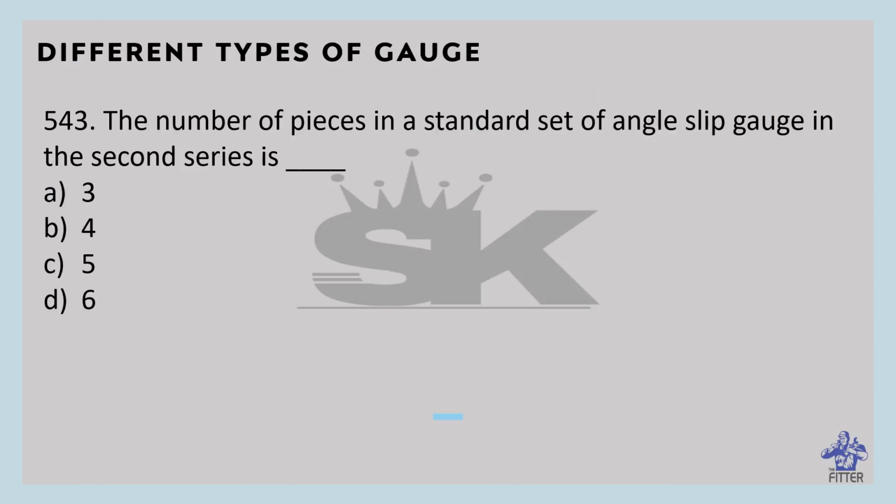The number of pieces in standard set of angle slip gauge in the second series is, so that is three. Slip gauges are of three types. I'll write it down here. The first one is working gauge set.